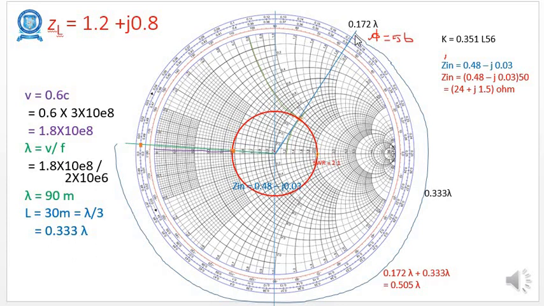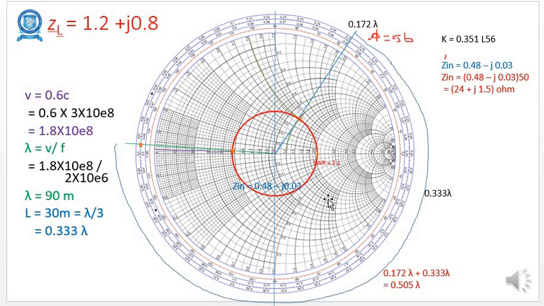So move this length from 0.172 to 0.33 lambda. A line is located here. Extend this line, and this line intersects the circle at a point. So this point is the input impedance. It has a real value of 0.48 and its imaginary value is minus 0.03, that means its value is just below the horizontal line.